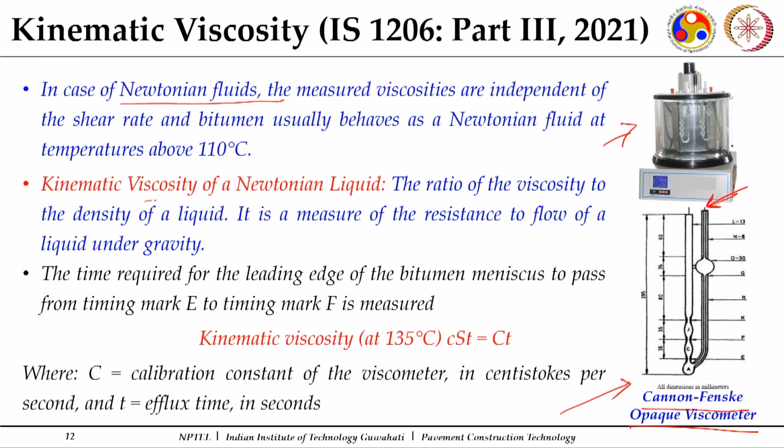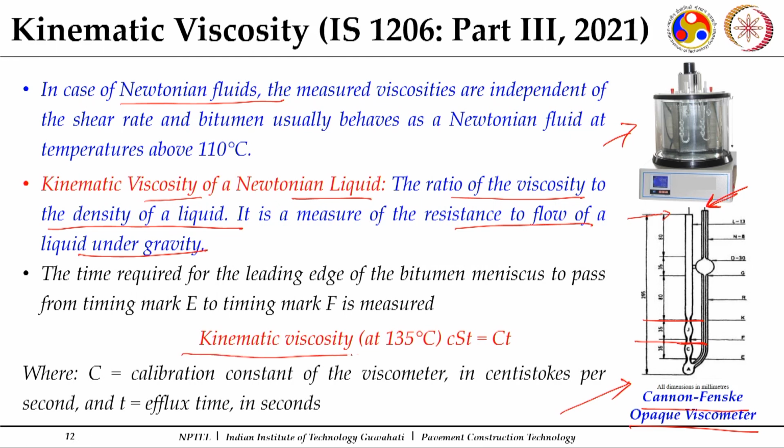The kinematic viscosity of a Newtonian fluid, which is how binder behaves at this temperature, is the ratio of the viscosity to the density of the fluid, and it is a measurement of the resistance to flow of a fluid under gravity. At this temperature there is no requirement of a vacuum; initially a small partial vacuum may be applied once to start the movement, and thereafter it moves under gravity. Again there are timing marks, and you note down the time it takes to move from one timing mark to the other.